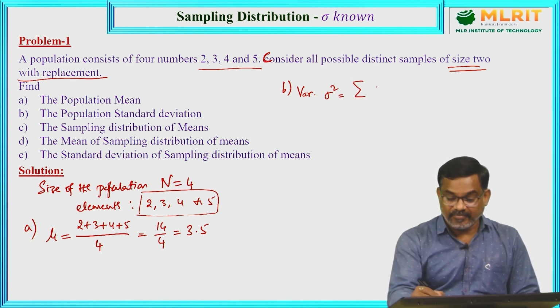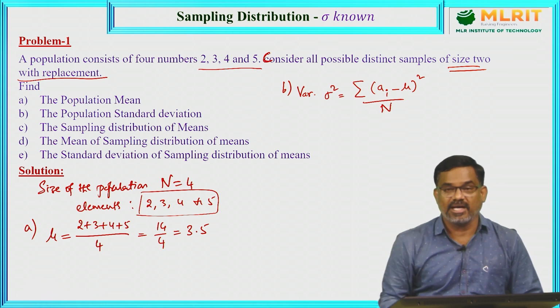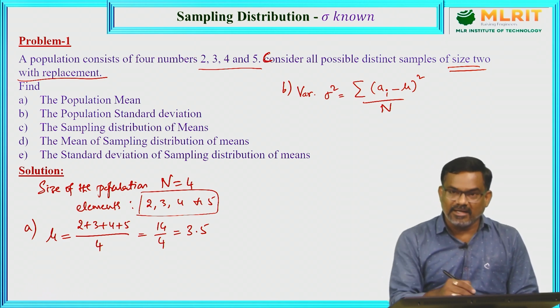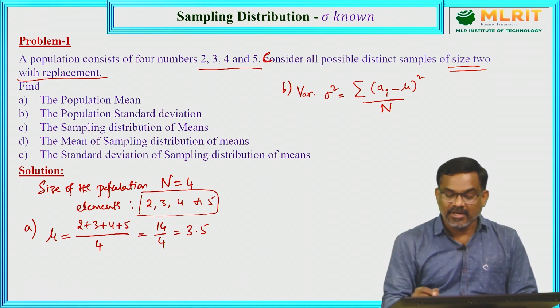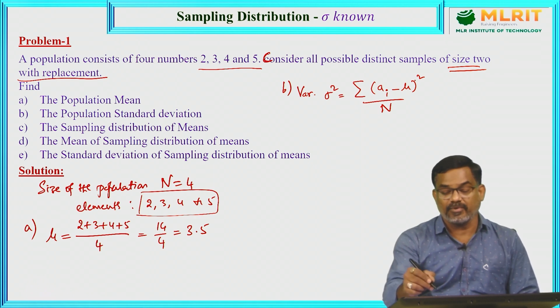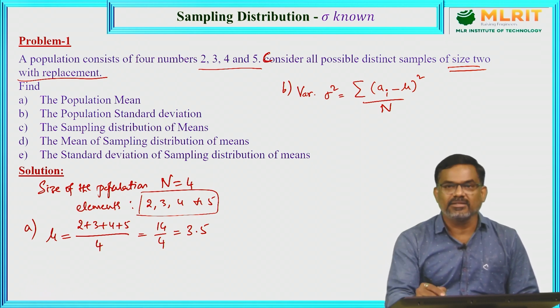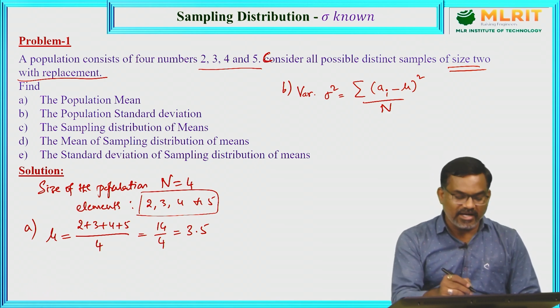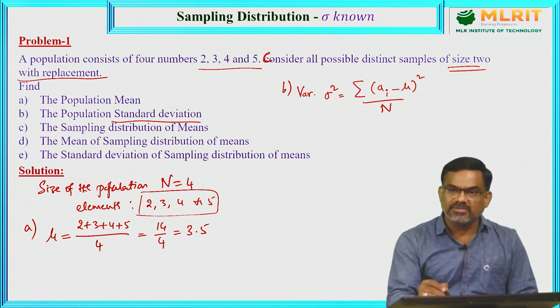Sigma square equals the sum of (a_i minus the corresponding mean) whole square divided by the total number of elements, capital N. The a_i are the elements of the population and mu is the mean of the population, and the sum of the squares of deviations of the elements of the population from the mean, divided by N, is the variance. First we find the variance, then the standard deviation is the positive square root of the variance. So let us calculate this value first.